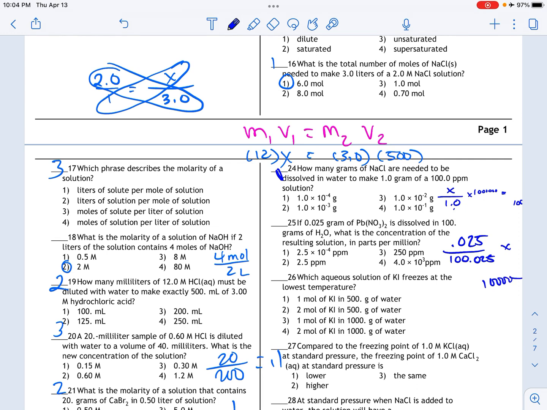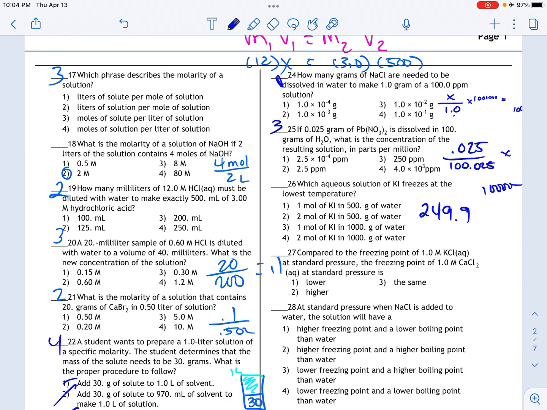So 0.025 divided by 100 times a million is 249.9, which rounds to 250 parts per million. Again, the reason I think I forgot this in an earlier question is that you have to add solute plus solvent to get the total solution.